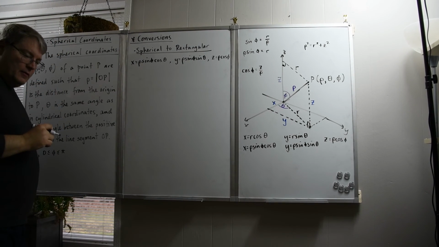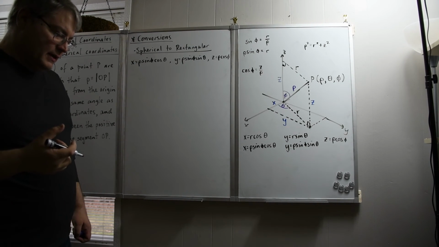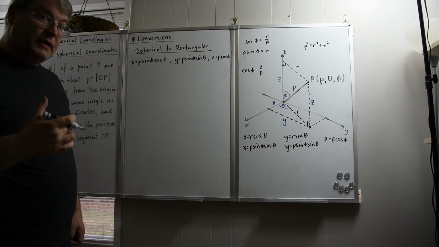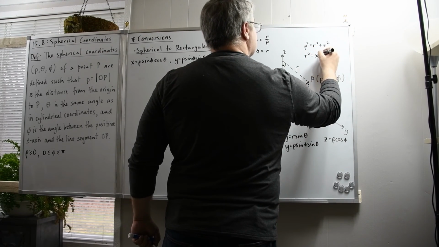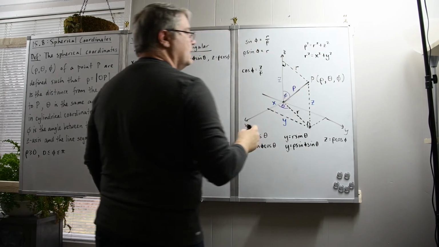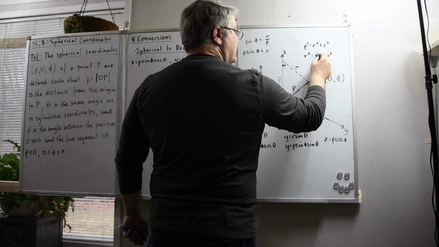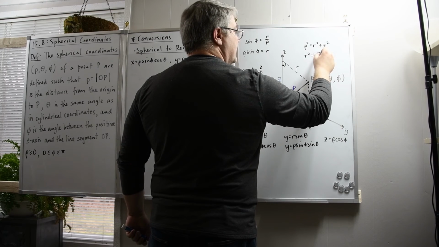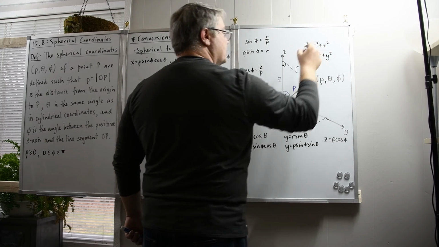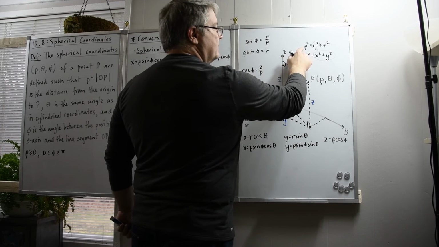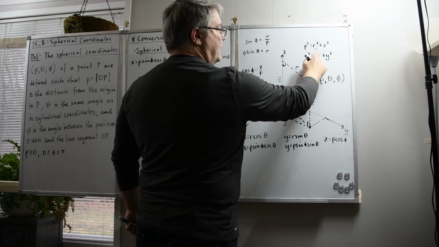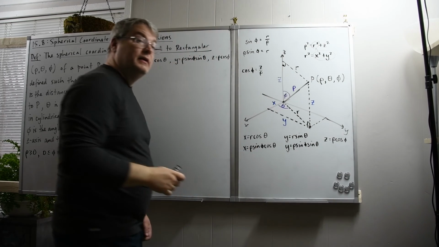And we know from cylindrical coordinates that r squared equals x squared plus y squared. Then I can take that x squared plus y squared here, and I can plug it in for r squared there. And then that will give me rho squared is the same thing as x squared plus y squared plus z squared.